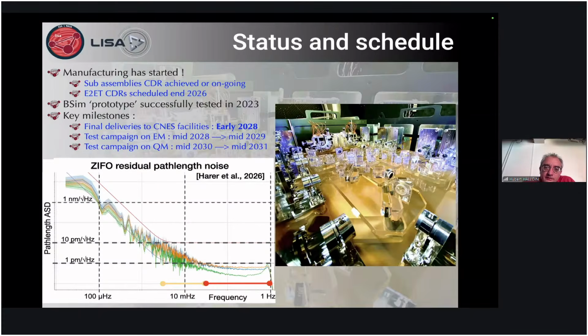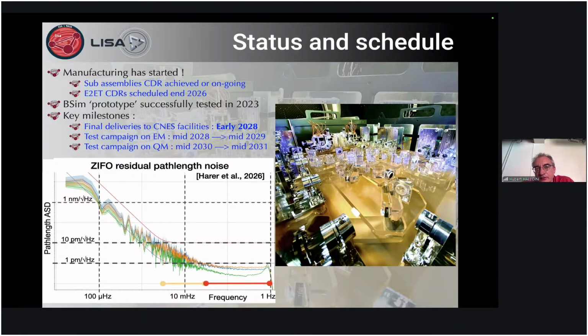Of course, we have not started that development completely from scratch. We had a sort of prototype, for example the beam simulator, which was developed in the 2020s and successfully tested in 2023. And you have here a small picture of what it looked like.